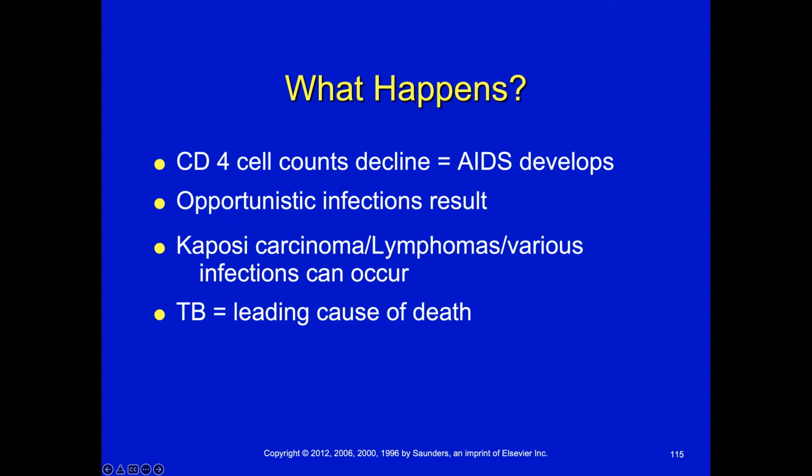Interestingly enough, TB is one that is critical here, and it is actually the leading cause of death from AIDS. And if you think about what we learned about granulomas, they're associated with TB and some other difficult to eradicate pathogens, but certainly with TB, you have those granulomas forming around the pathogen to contain them.